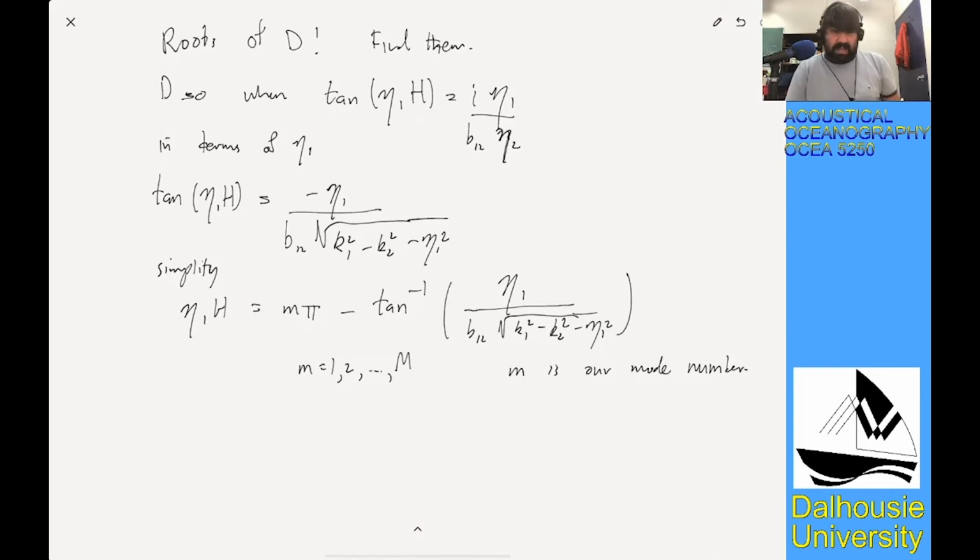And the modes are the residues of our two equations that had D as the denominator. They're the residues evaluated at the poles.